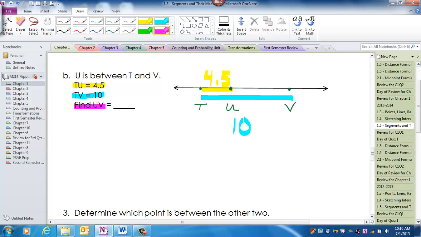And they want us to find the measure of UV. How far is it from point U to point V? Well, in this case, we have the longest segment and one of the smaller segments. So to find UV, you are going to subtract the longest minus one of the smaller ones, and then you will get that from U to V is 5.5.